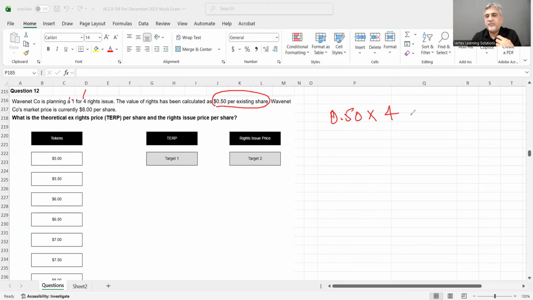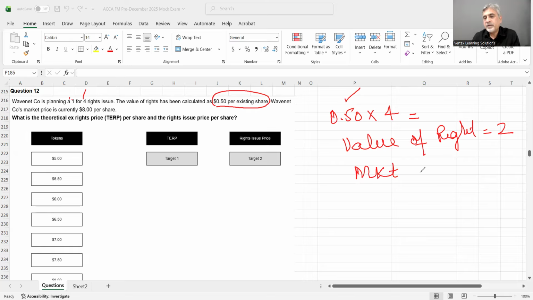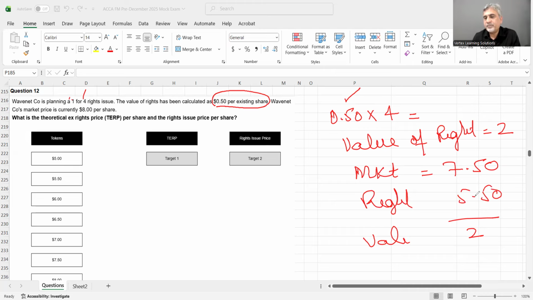So I multiply it by 4. I'm not saying that 0.50 is the value of the right, that is per share, but the value of the right itself is $2. So if my market price now is 7.5 and the value of the right is 2, it means the right issue share should be done at 5.50, right?